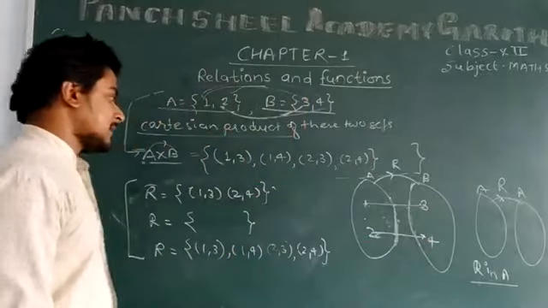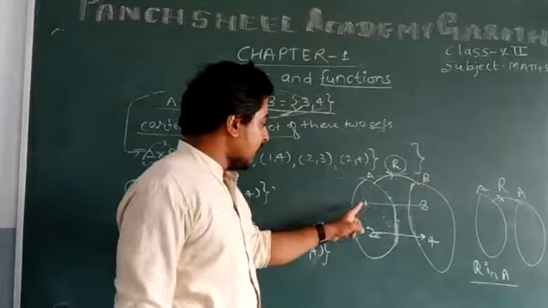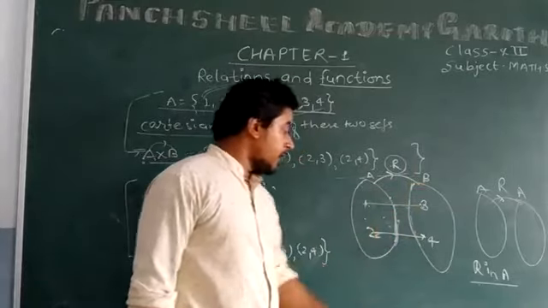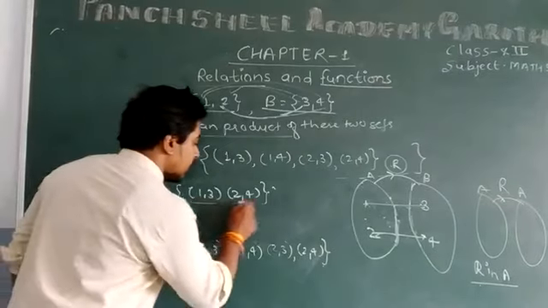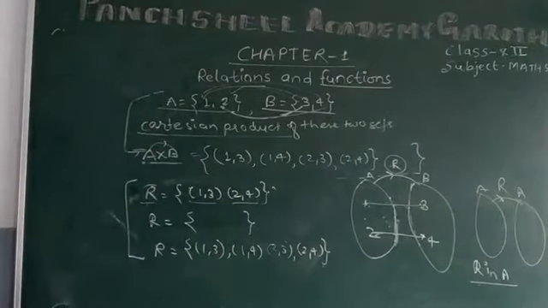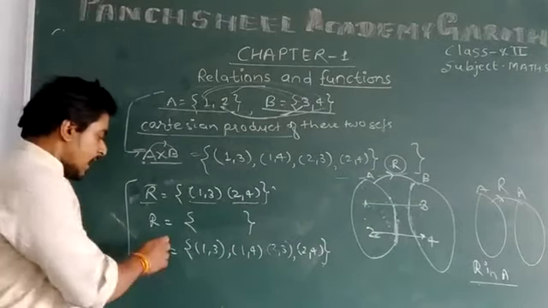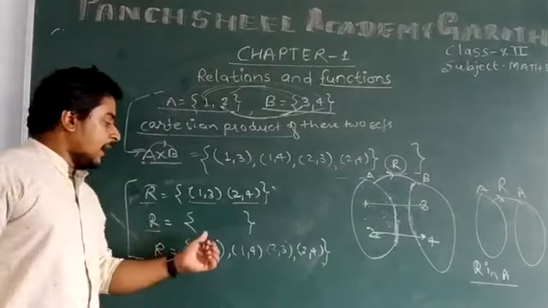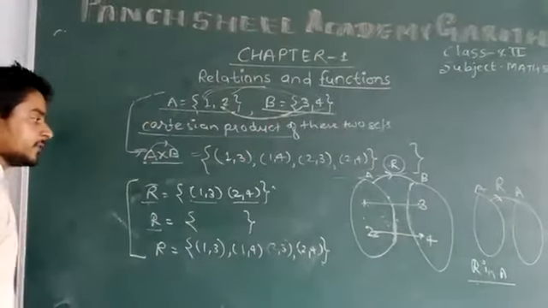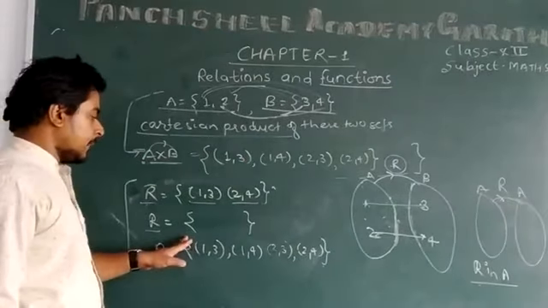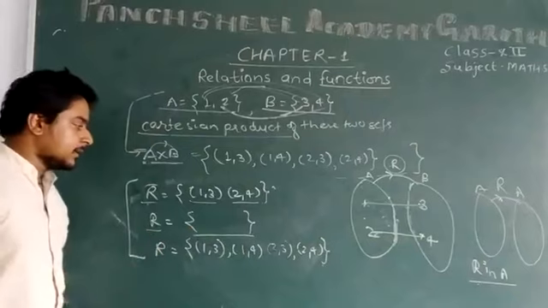Then in that case R contains the ordered pairs (1, 3) and (2, 4). And suppose it is not connecting any element of the first set with any element of the second set, then there is no ordered pair in R.